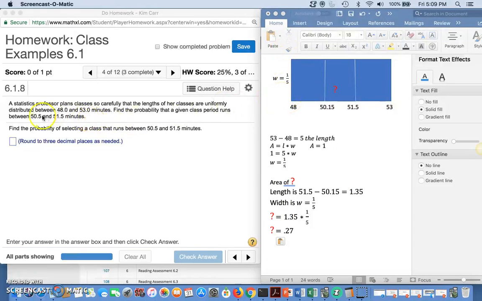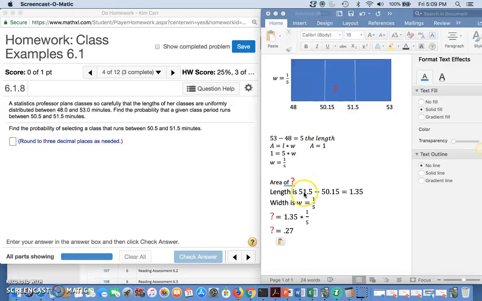The second thing here is it runs between 50.15 and 51.5. So I have to find this little dimension and the area of this rectangle right in here where the red question mark is. I do the same thing to find that length.